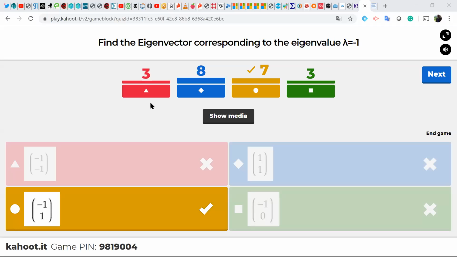Yo me confundí cuando cambié de pantalla, entonces le piqué a la equivocada. Okay, thank you. It was just a mistake. Thank you, Jorge Quiroz.